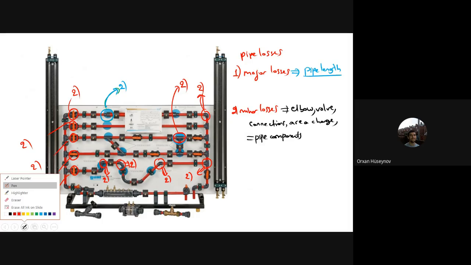Now let's see the major losses. So, for example, this part of the pipe section, you can see, I can analyze it as a pipe section. You can see it is pipe length. There's pipe here. It is major loss. Or even, for example, if there is turning in the pipe, let me show this part for you.